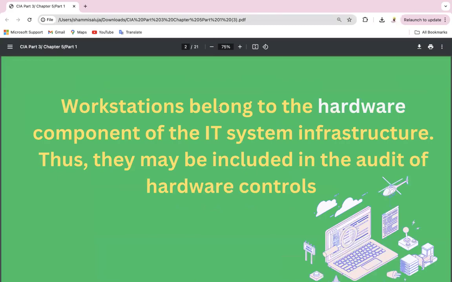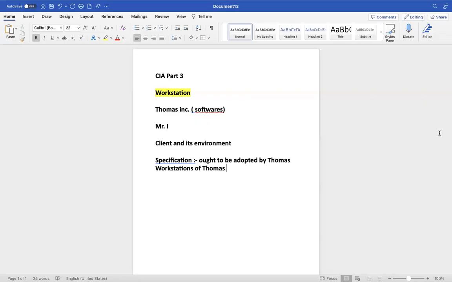Workstations belong to the hardware component of the IT system infrastructure. And let me tell you why these are important, why we are emphasizing this.